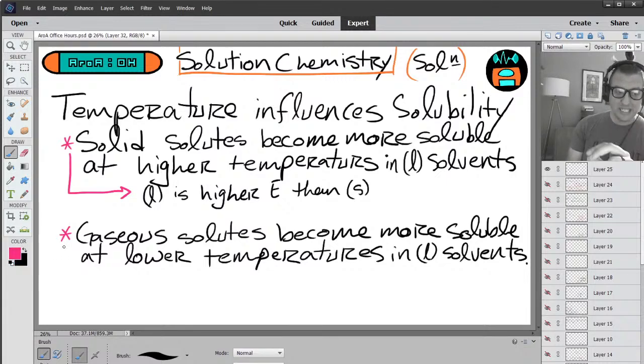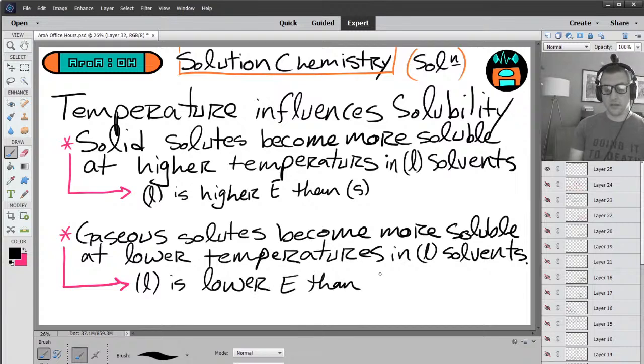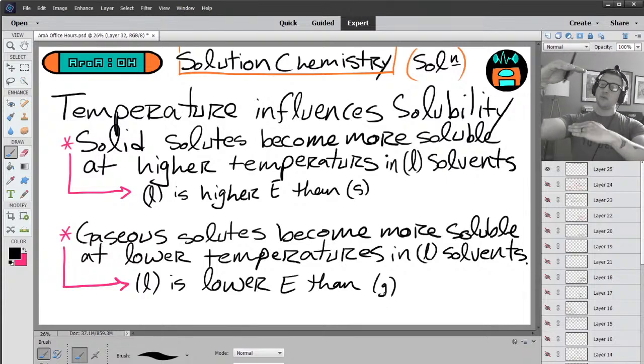And the same reasoning explains the phenomenon we see in the gas phase. I'm going to start with the liquid both times. The liquid phase is lower energy than the gas phase. And so because the gas phase is higher in energy, if this liquid is cold, the lack of energy helps pull more gas down out of the gas phase into the liquid phase.